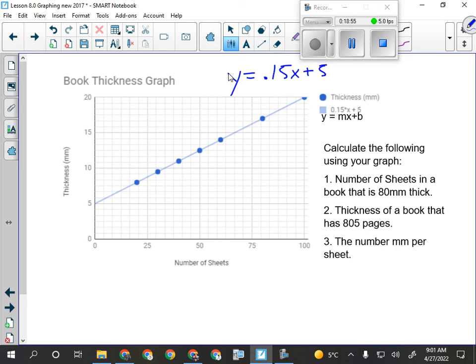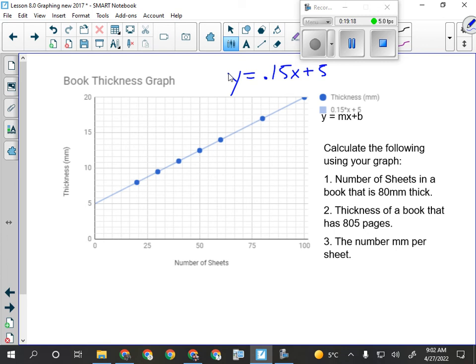Y. So they are giving me y. They're telling me y equals 80 millimeters. What are they asking me to calculate? Number of pages, which is on the x-axis. So they're asking me, calculate x when y is 80.